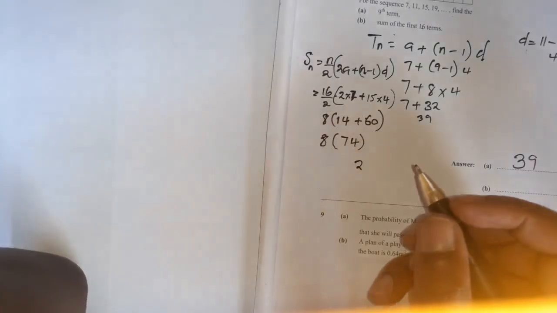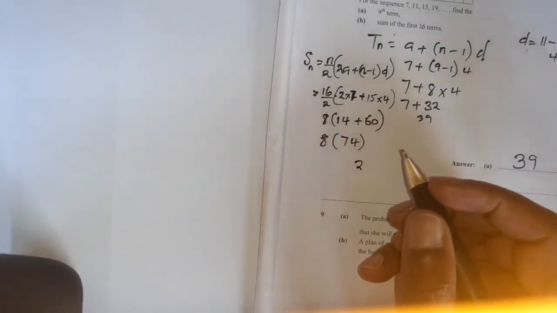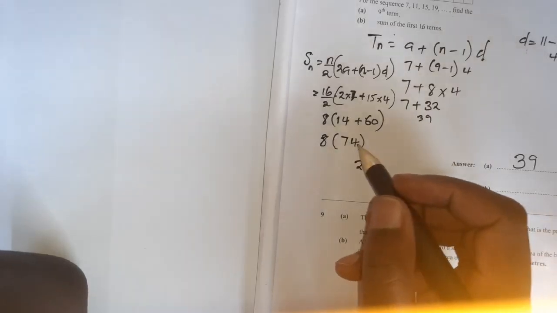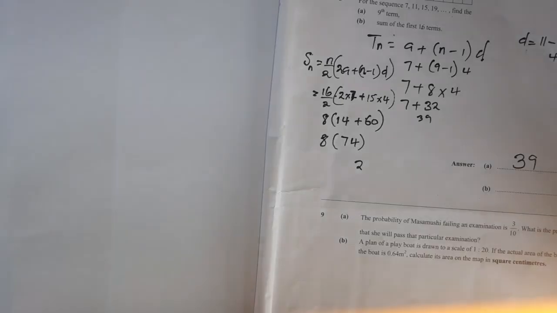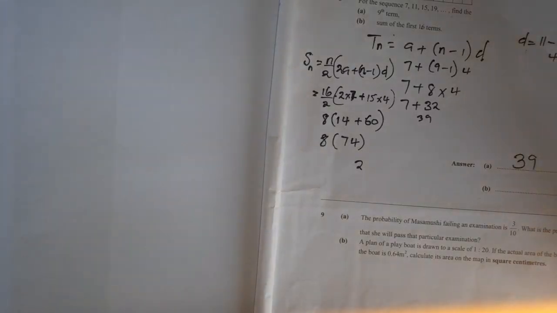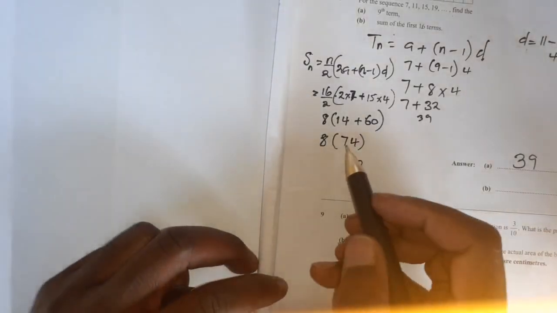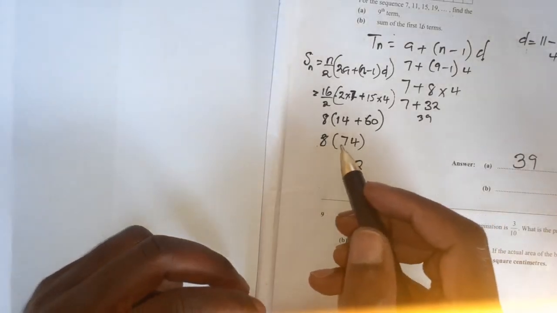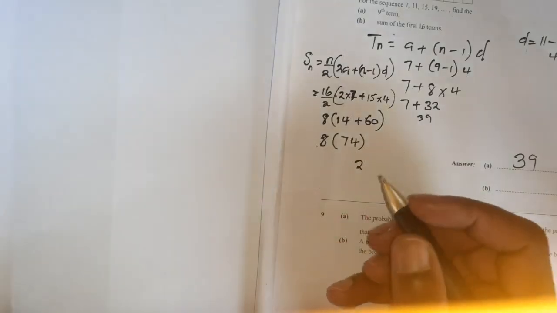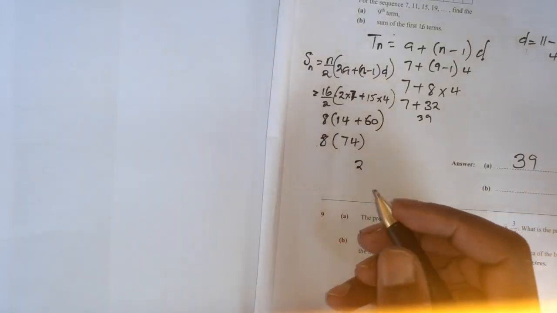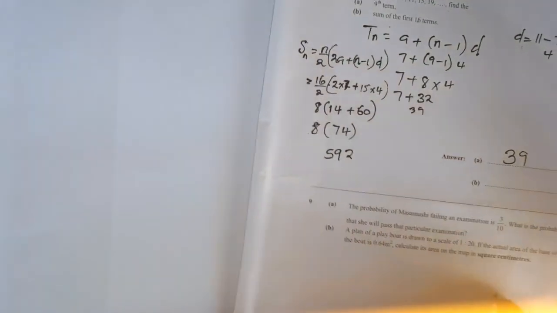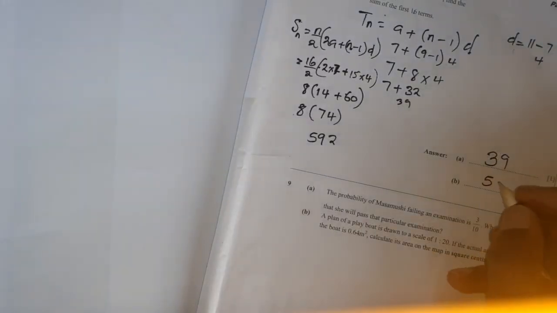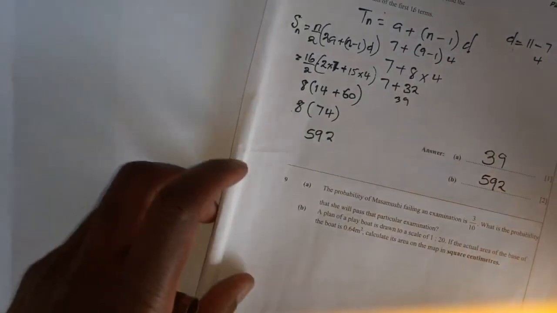We write 2 and carry 3. Then 8 multiplied by 7, we get 56. 56 plus the 3, we get 59. So we write 592. That is our answer here.